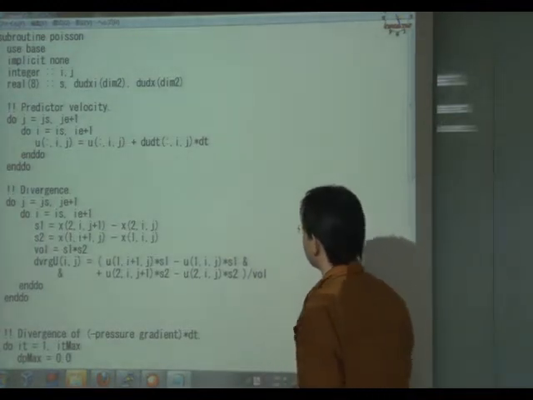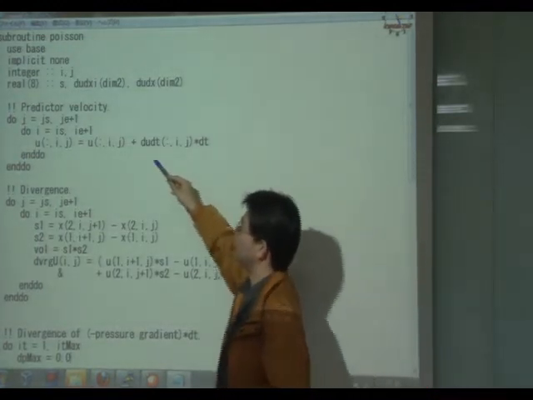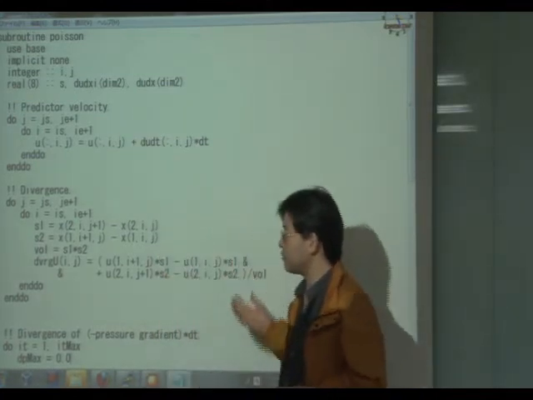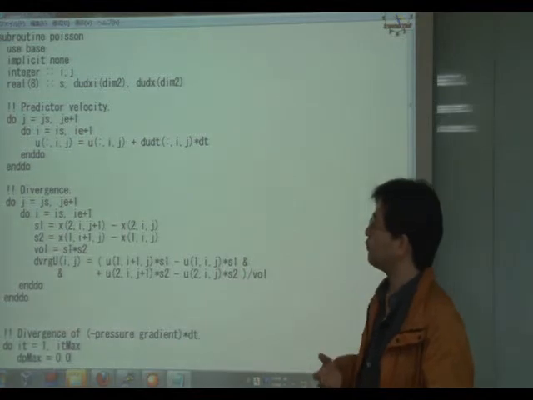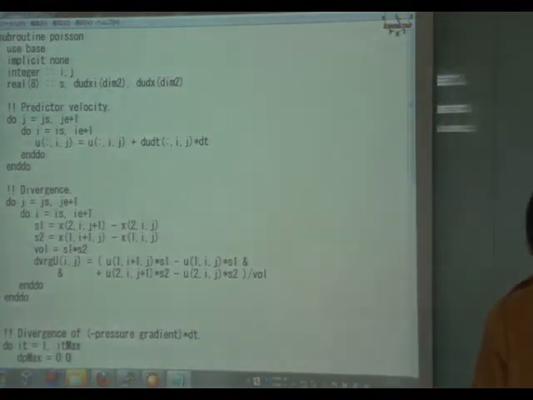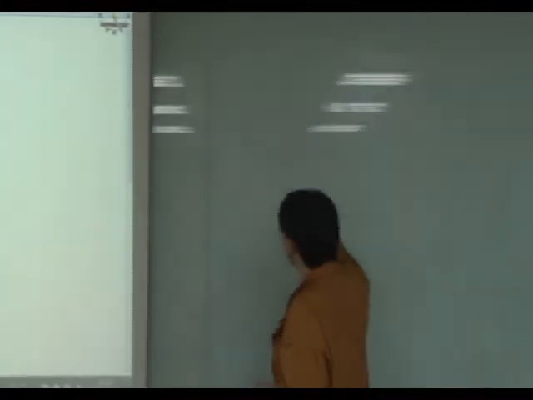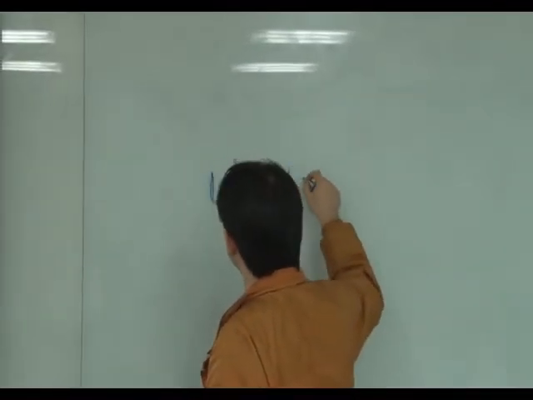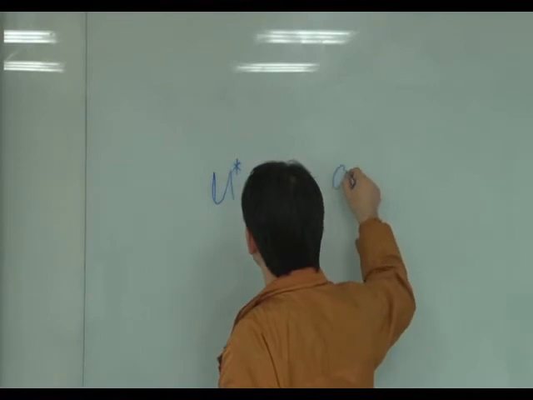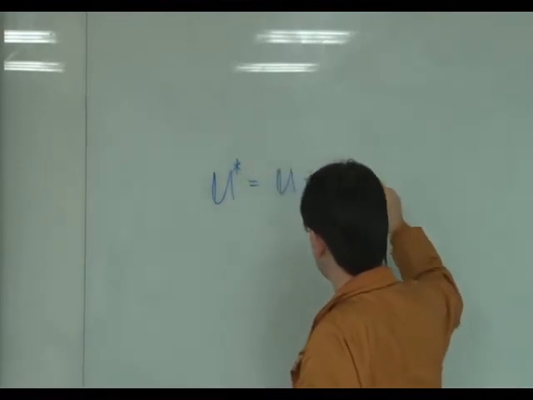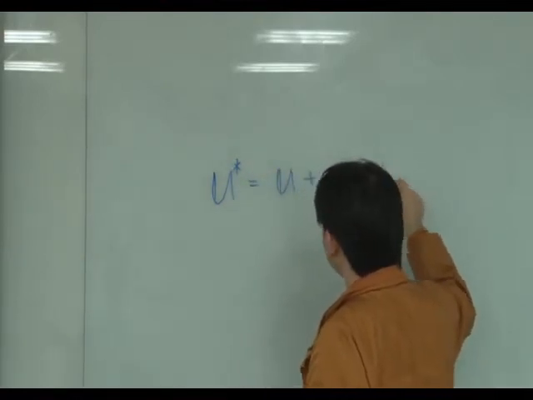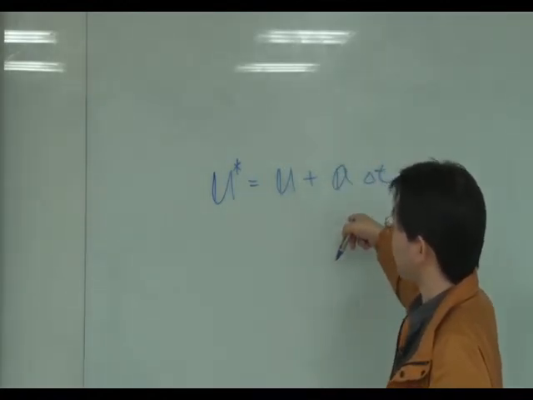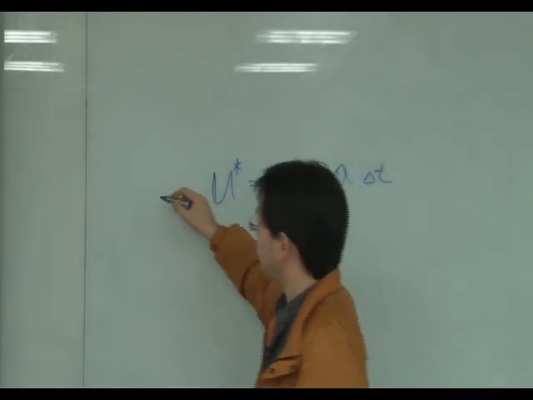So the first thing is to calculate the predictor velocity. In this pressure solution, we will use predictor velocity like the previous velocity field plus acceleration. This is the predictor.